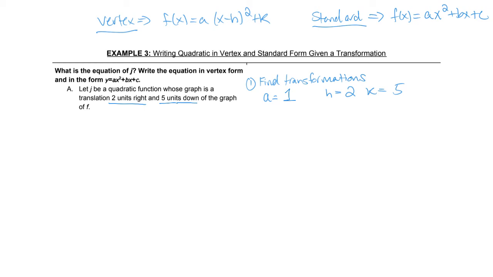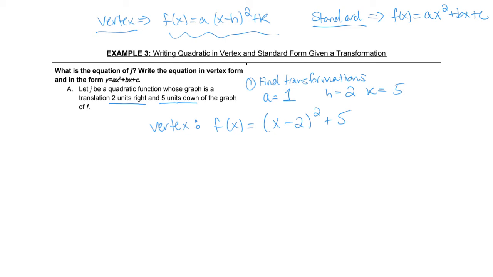So now we're going to fill in our vertex form. f of x is equal to a is 1, so I'm just going to leave it out, and then x minus h, so x minus 2 squared, plus k, plus 5 for k.